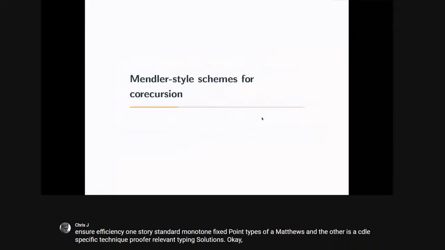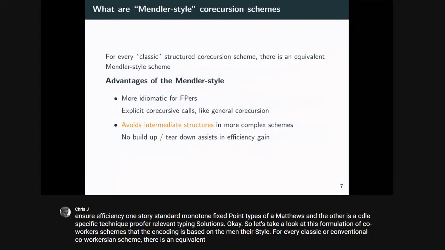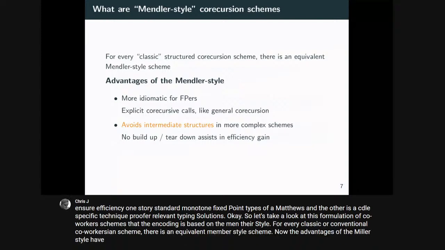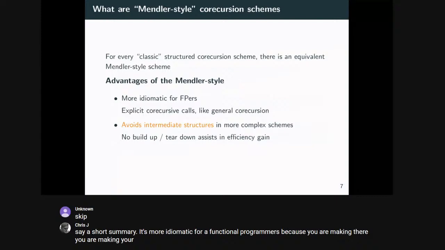Okay, so let's take a look at this formulation of co-recursion schemes that the encoding is based on, the Mendler style. For every classic or conventional co-recursion scheme, there is an equivalent Mendler style scheme. Now, the advantages of the Mendler style have been well studied in the past couple of decades, but just as a short summary, it's more idiomatic for functional programmers because you are making your co-recursive calls explicitly in the same style as you would with general co-recursion.